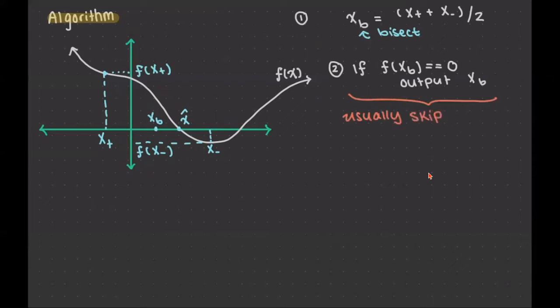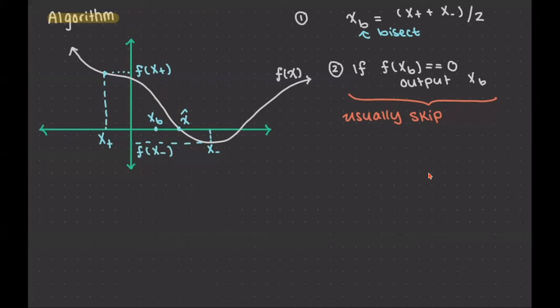The reason is, think back to our videos that talk about numerical precision. It's very unlikely that we're going to find a root of our function exactly. So even if it's very, very close to an actual zero, checking whether f of xb is equal to zero is probably not going to give us what we want.